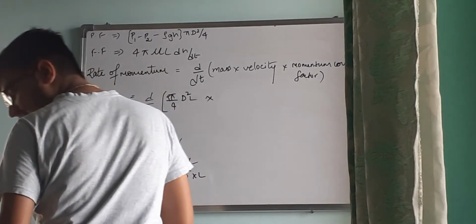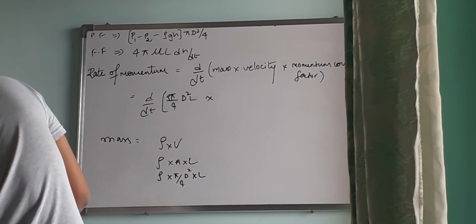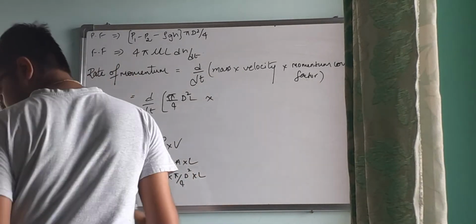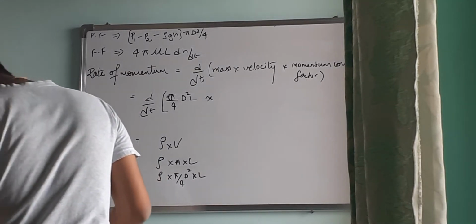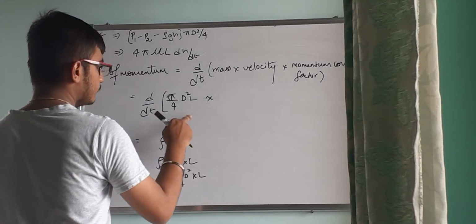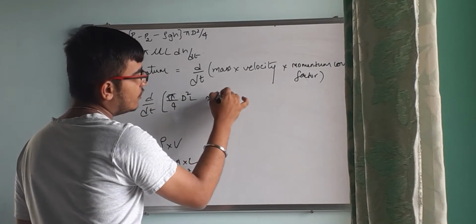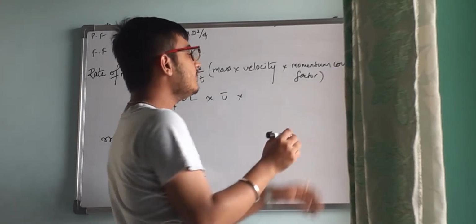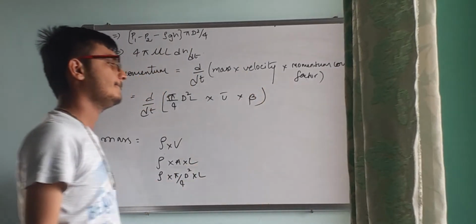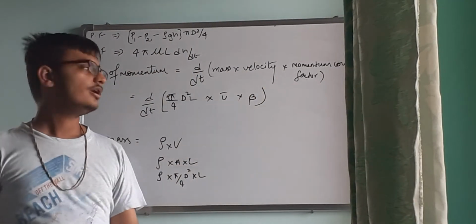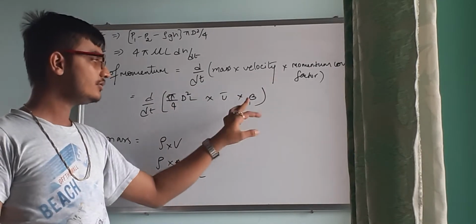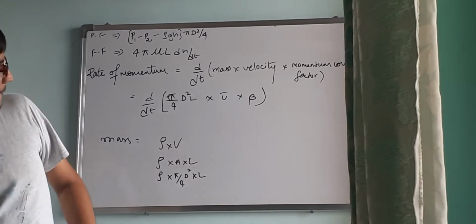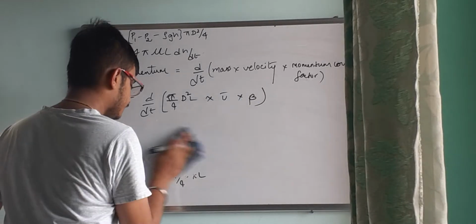To avoid confusion, we will take directly the simplification of that. d by dt of V bar, that is the velocity, into the momentum correction factor, let us assume that to be beta.